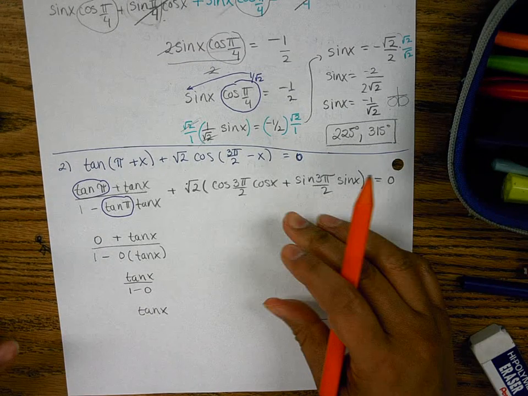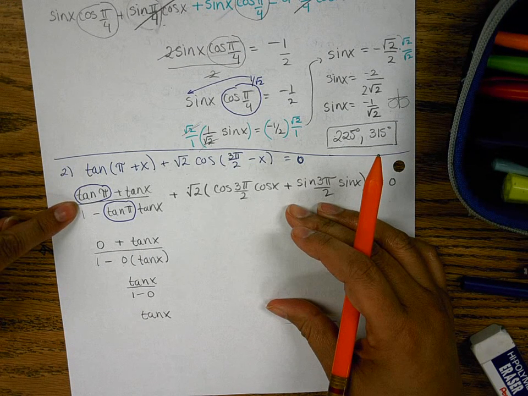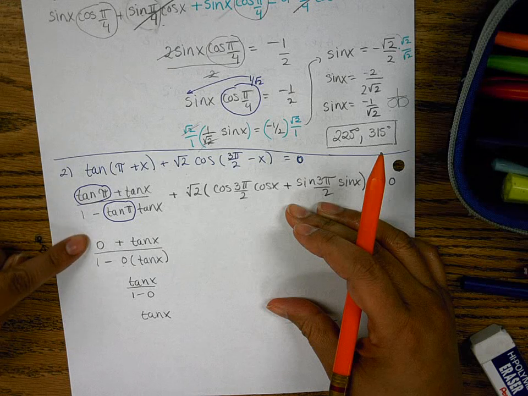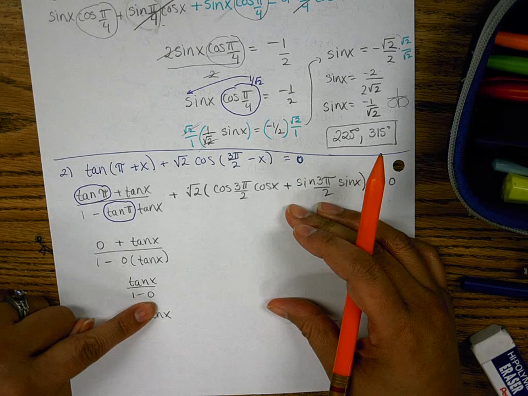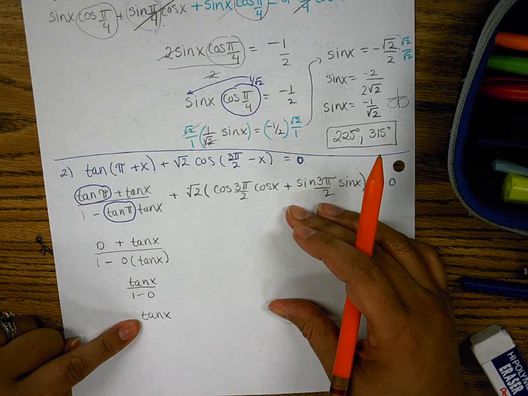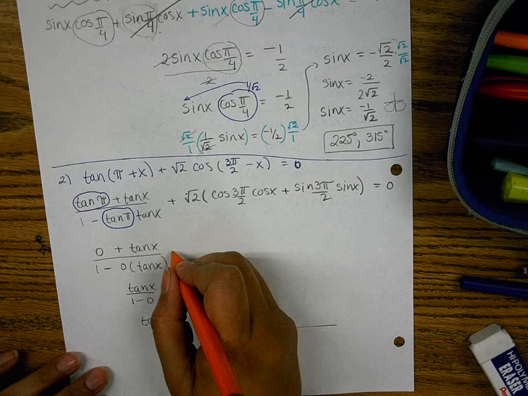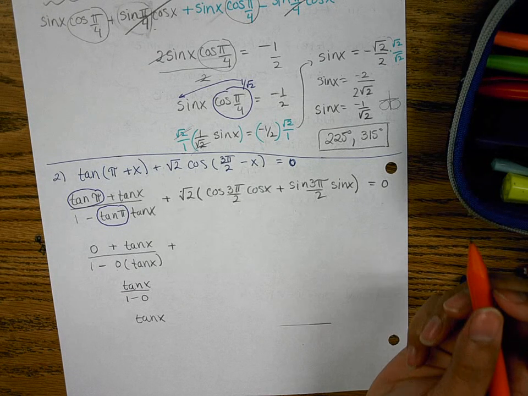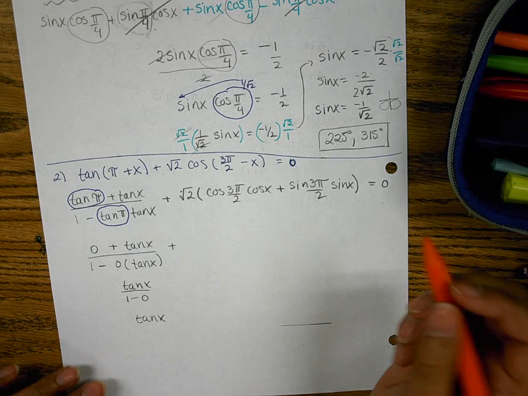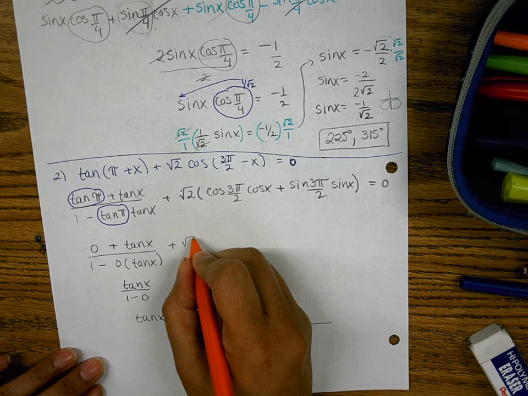Okay, so this expanded to this. This eventually simplified to tangent of x because 1 minus 0 is 1, and tan over 1 is tan of x. Okay, plus, before I distribute, I'm going to go ahead and simplify the inside.